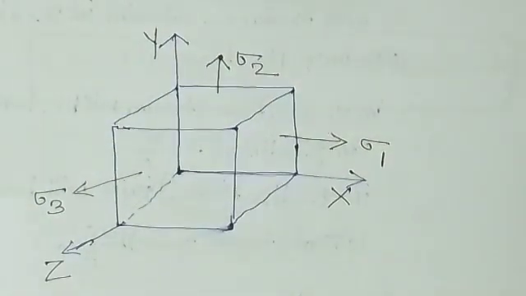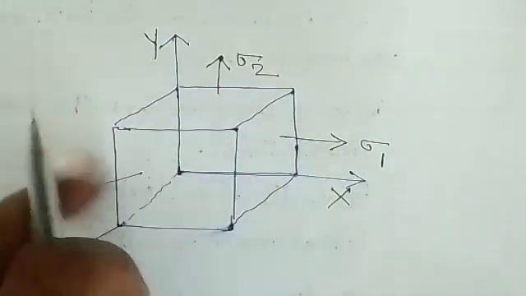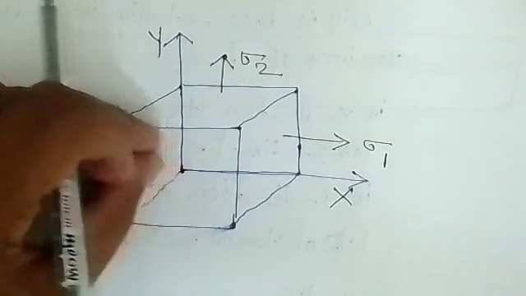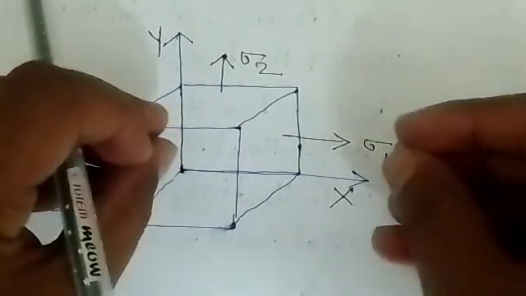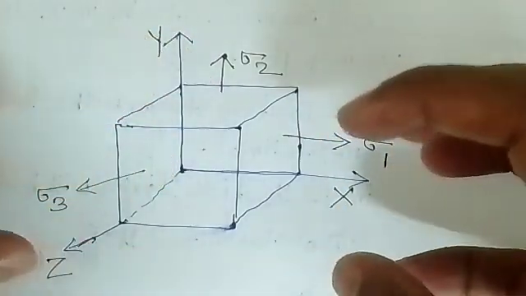So it means that because of sigma 1, there is strain on the x-axis, y-axis, as well as the z-axis. This is the x-axis, so a tensile stress acts on this side also. When this tensile stress acts on the x-axis, its longitudinal dimension will increase.